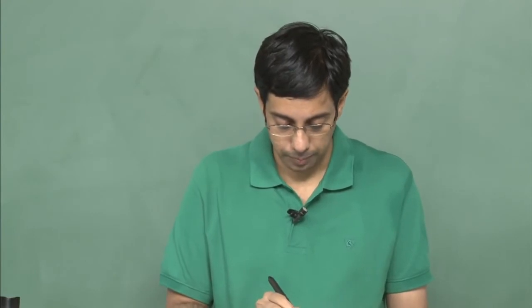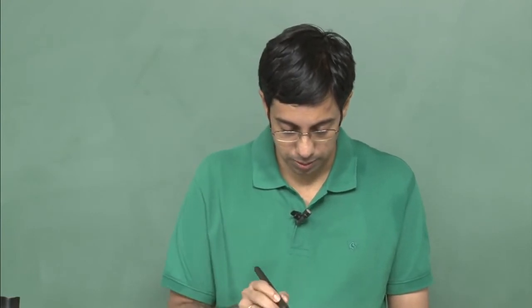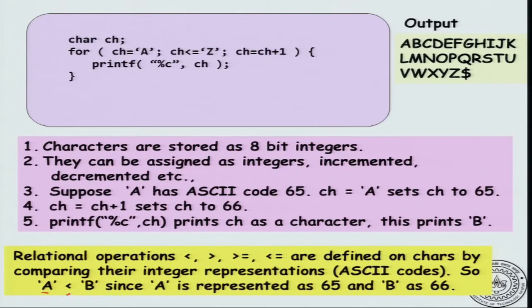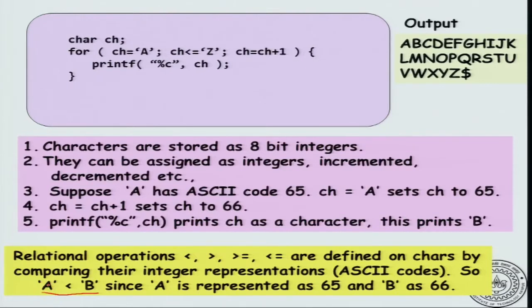So for example, if we use the relational expression, capital letter A, the ASCII constant A, less than the character constant B, then notice that A is the ASCII value 65 and B is the ASCII value 66. So A less than B is correct.